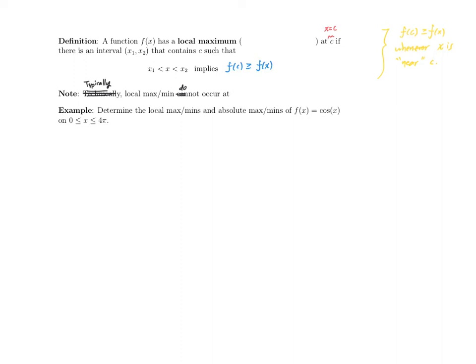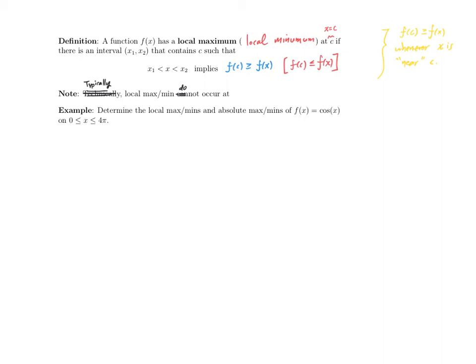And note we can define the exact same thing in terms of a local minimum. So we would say that a function f has a local minimum at x equals c if, well, instead of saying f of c is bigger than or equal to, f of c is smaller than everything near it.